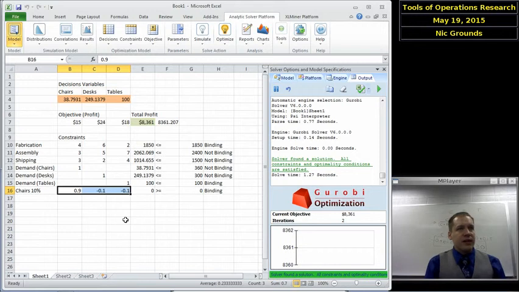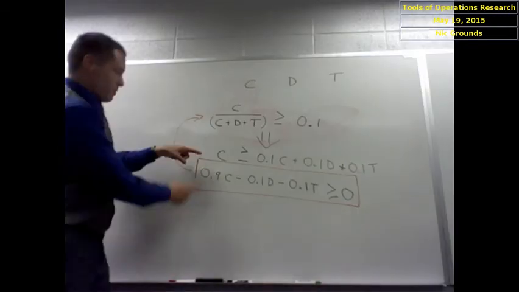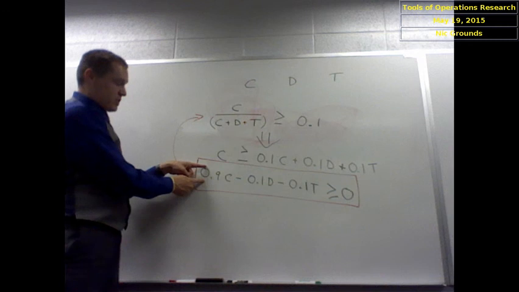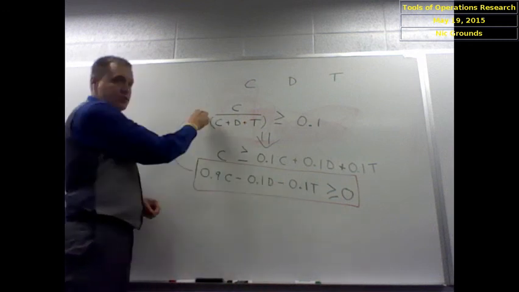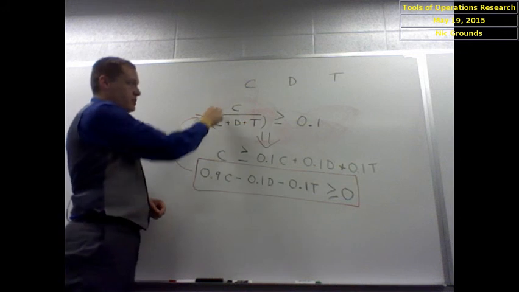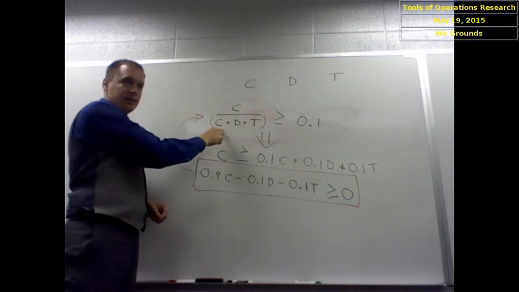Any questions about any of that? What do the values mean? Those 0.9, negative 0.1, negative 0.1 — I'm going to come back to the board and say, remember, this was how we represented a linear function of this constraint: the number of chairs divided by the number of everything.